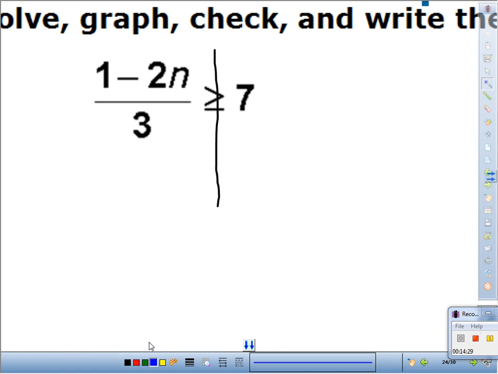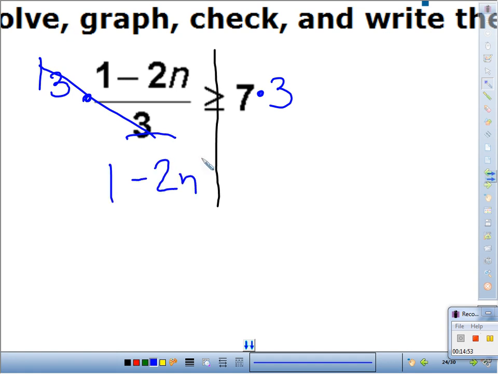Manuel. We need to get rid of the 3, right? So what is the 3 doing? So what is the inverse? Multiply times 3, multiply times 3. That is correct. We're left with 1 minus 2n greater than or equal to 21.